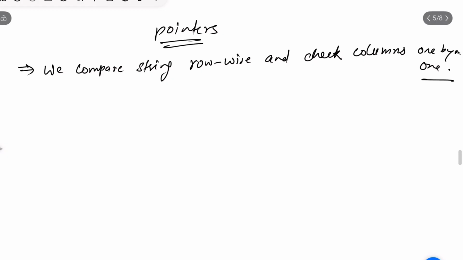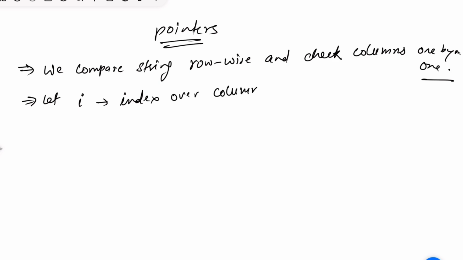So in that case, let index I be the index over columns, right? And we'll take index R, which will go over rows. Or you can take C for column and R for rows also.